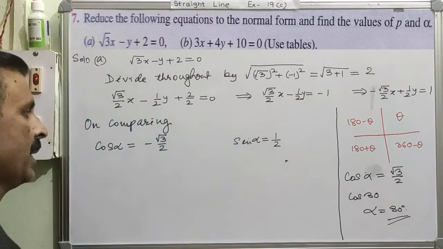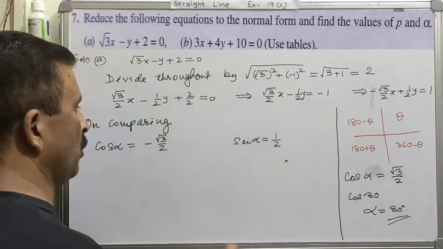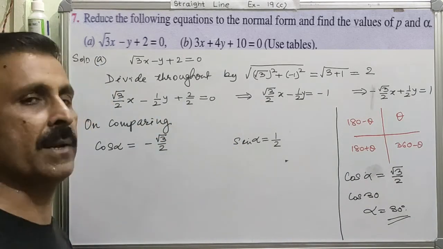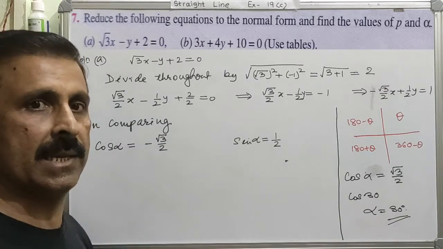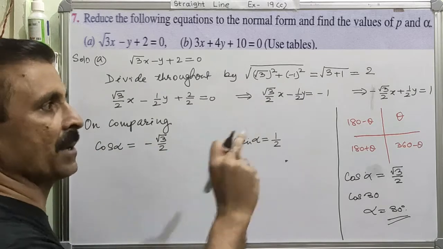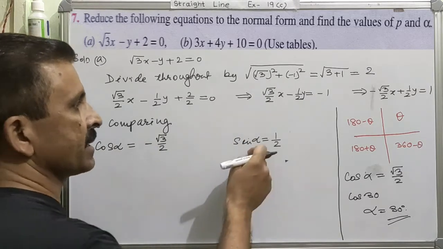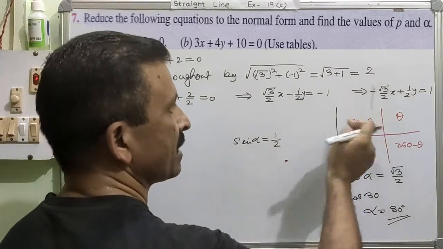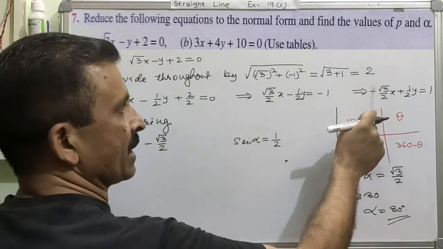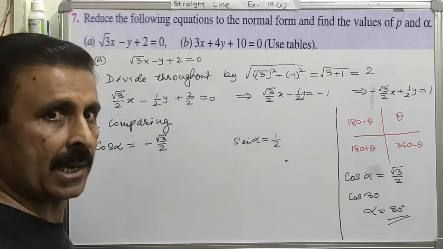Now you tell me in which quadrant you find cos negative and sine positive. You have to identify that. You will get the answer very easily then. Now look here. Sine is positive in the first quadrant and in the second quadrant. So this sine, either it is here or it is here. Am I clear or not?